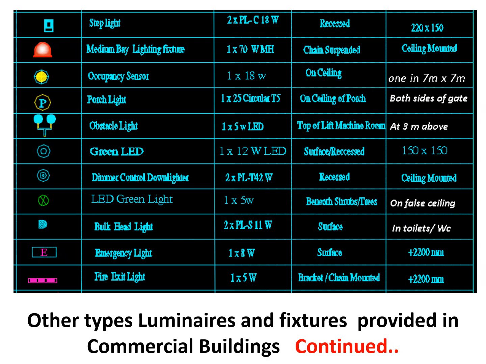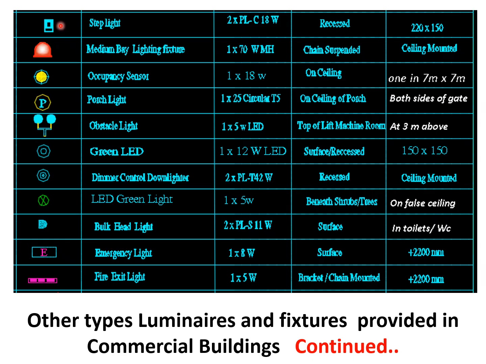Friends, this also shows some of the luminaire and luminaire fittings provided in commercial buildings, and generally they are step lights in an auditorium when you are climbing the steps.